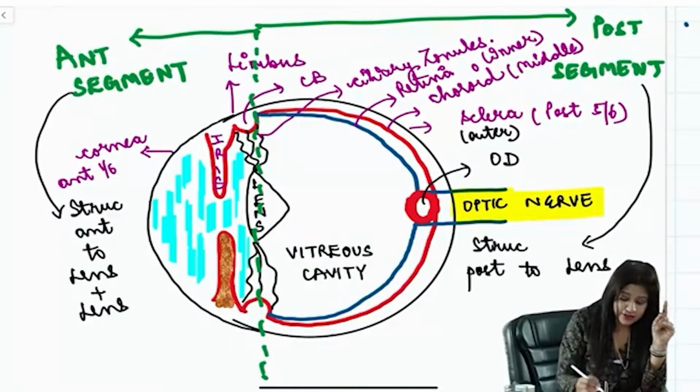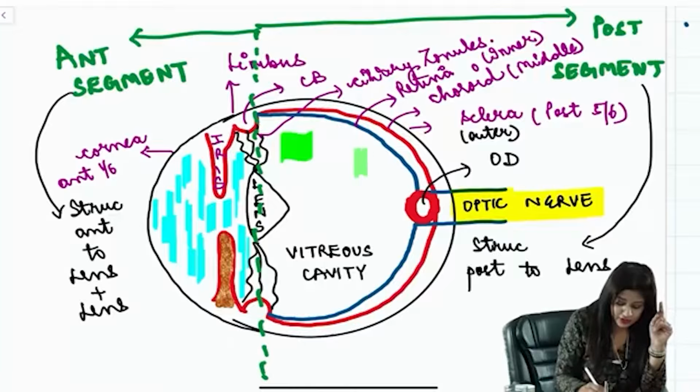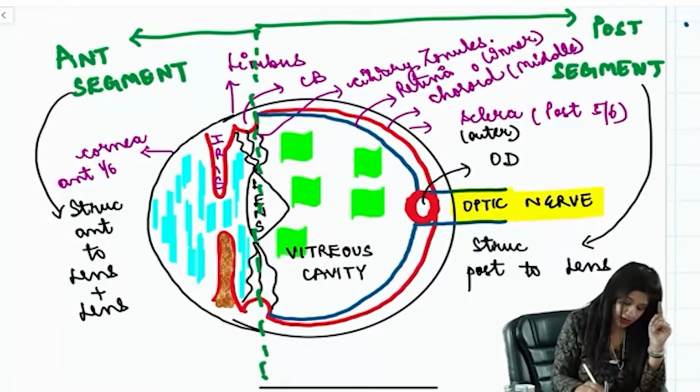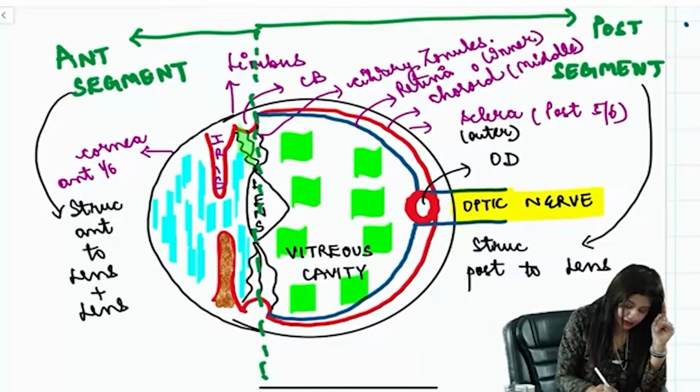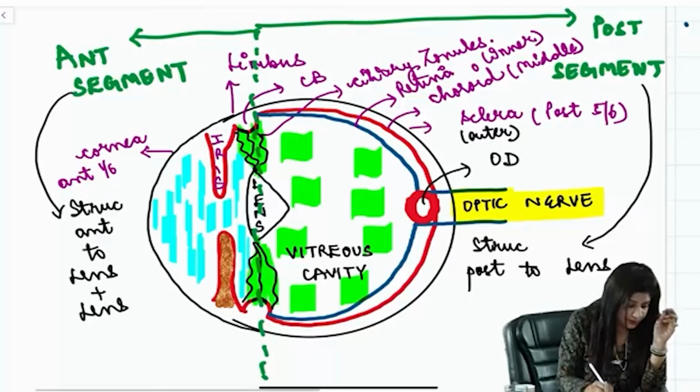And the vitreous is collagenous, made up of collagen. That is why we are making green color bundles like this. And even the ciliary zonules we are coloring with the green color. This is the vitreous humor.